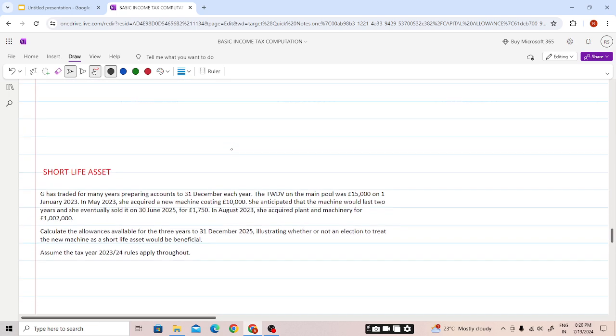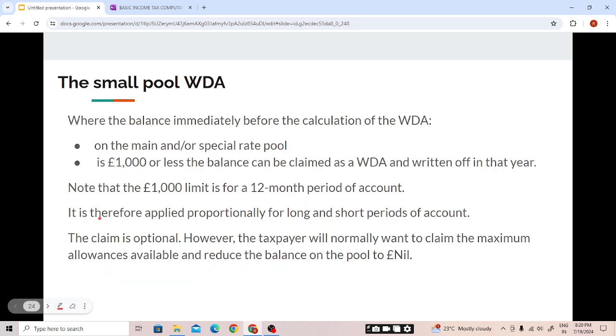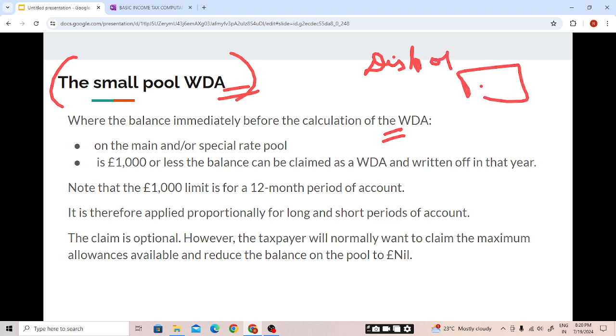Now we will be covering a further small topic, the small pool WDA. So this means, students, that the balance immediately before the calculation of WDA, that is after disposal, will have a value. On this value we will be calculating the WDA.